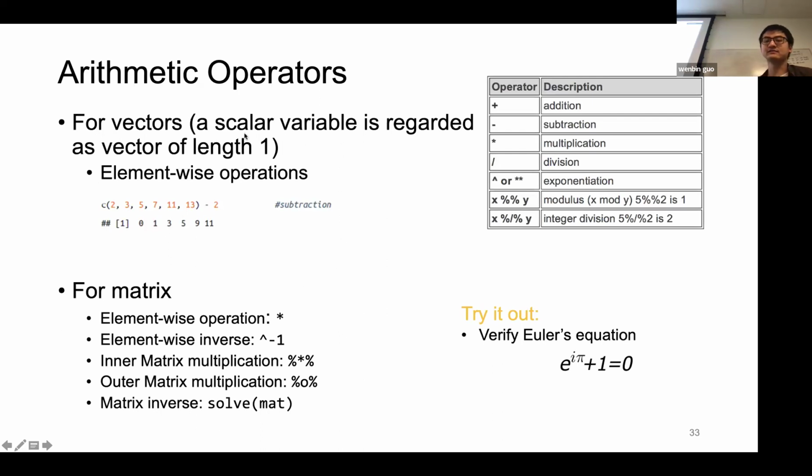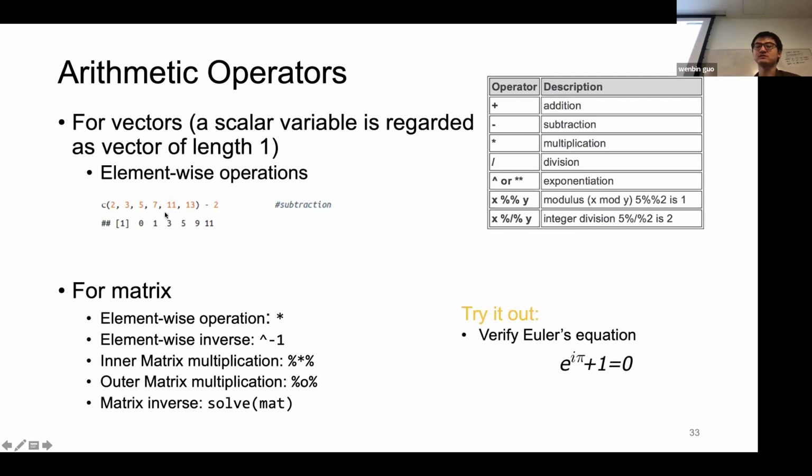So here for vectors, you can consider it like a collection of your variables. A variable is a scalar, just one value, and a vector is a collection of multiple values. So here we form a one-dimensional vector. You can do a subtraction with a constant.